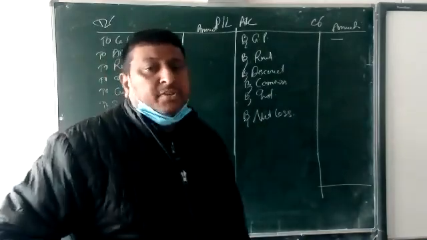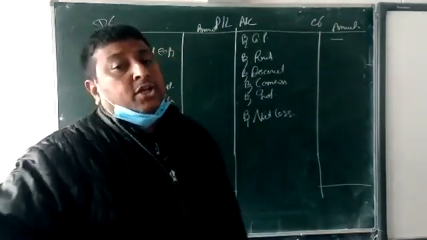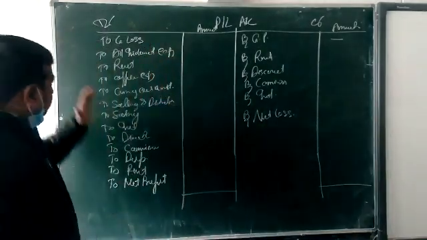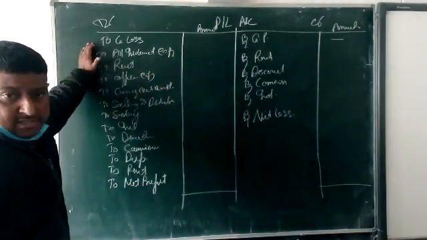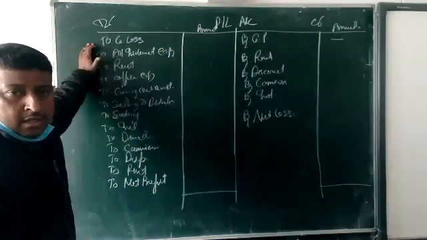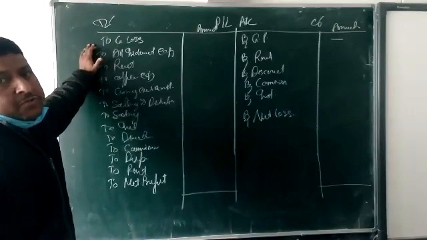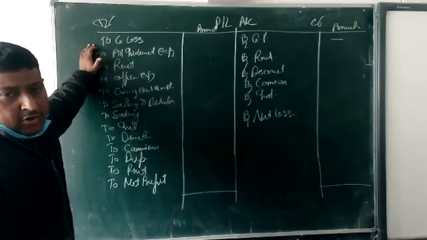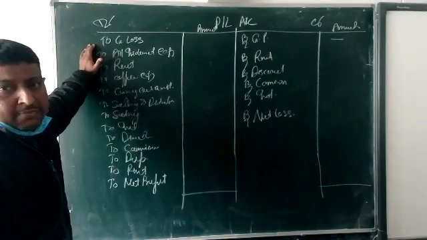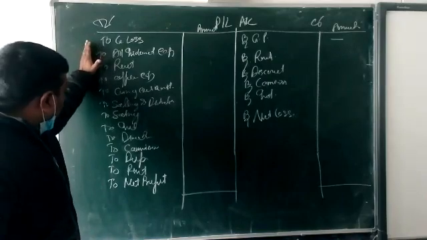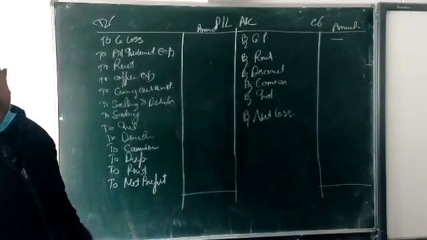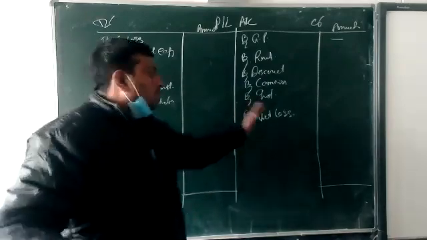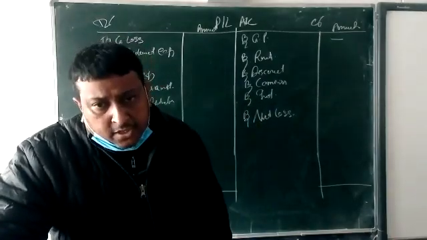At the time of making this PL account, we are going to show all indirect expenses, as a trick: all the expenses which we are not showing in the trading account, we show on the debit side of the PL account, and the income we show on the credit side of the PL account.